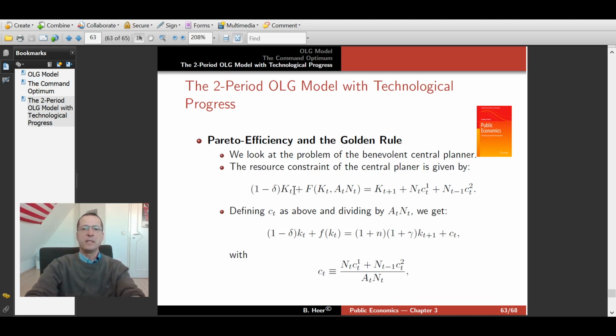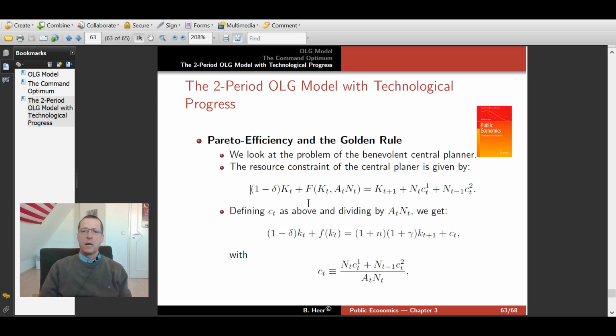Over the period, he has produced with capital stock KT and labor NT and effective labor AT NT. So total production is F of KT, AT NT. So production and depreciated capital stock, he can use it to either allocate it to the investment in the new capital stock, KT plus 1, or on consumption.